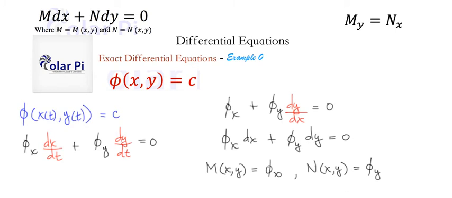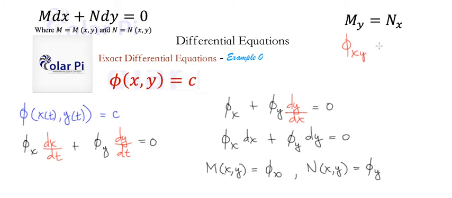Because by what's called the mixed partials rule, or Clairaut's theorem, or Young's theorem, too many names, we know that if we take m sub y, since m is phi sub x, m sub y would be the partial with respect to y of phi sub x, but that's phi sub xy.